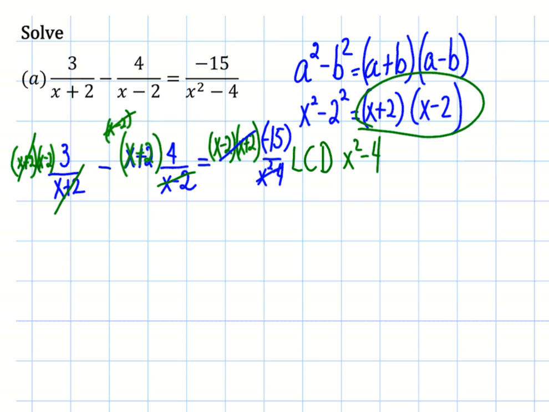This would be 3 times x minus 2, which is 3x minus 6. Minus, I'm going to multiply, that would be a minus 4x minus 8.